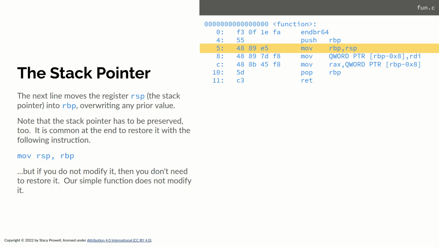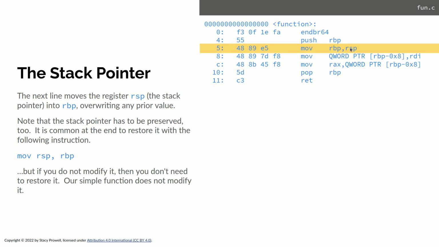What about this? The stack pointer. So it's traditional to move the stack pointer at this moment into RBP, because RBP now points to the base of our stack frame. This points to the highest address of the stack that our routine owns, the end of our stack frame. Okay.